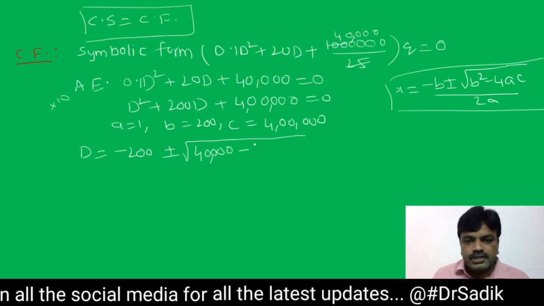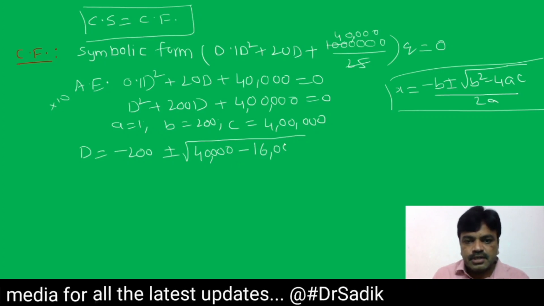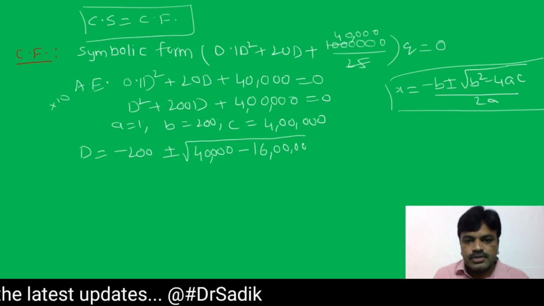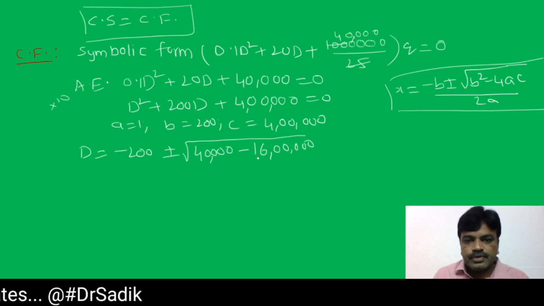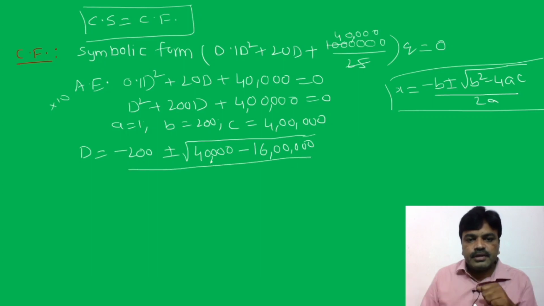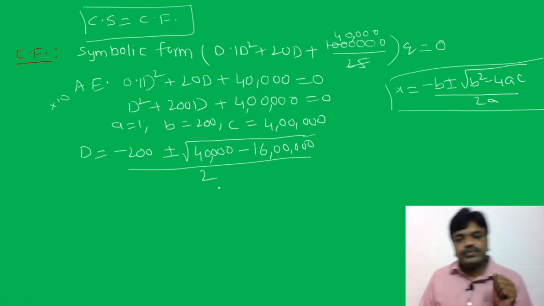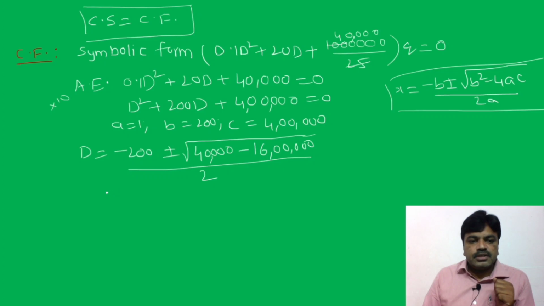So 4 fours are 16, so 16 and 5 zeros, divided by 2a. 2a means 2. That is equal to, now 16 with 5 zeros. Okay, 40,000.